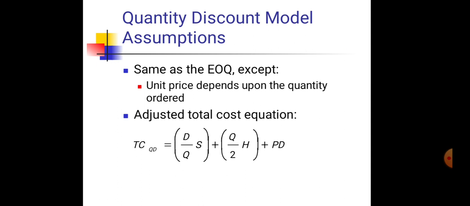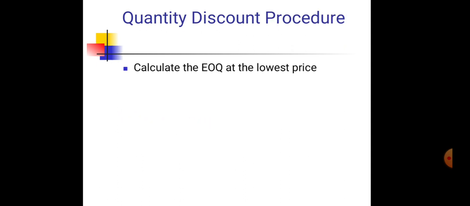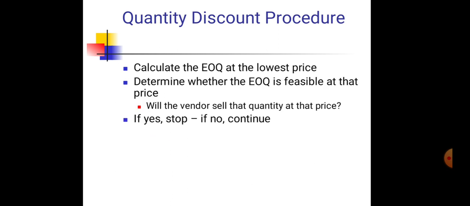So here you can vary your quantity. If you order less quantity, the unit cost is more, and if you order more quantity, the unit cost is less. So calculate the EOQ at the lowest price initially, then determine whether the EOQ is feasible at that price. Will the vendor sell that quantity at that price?